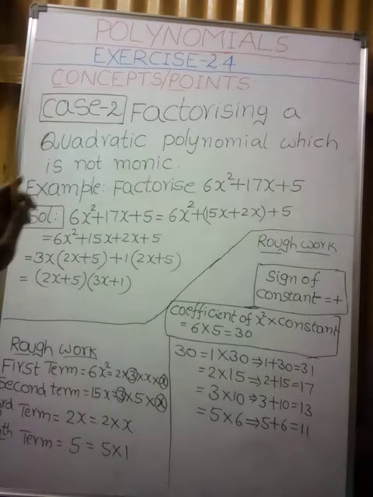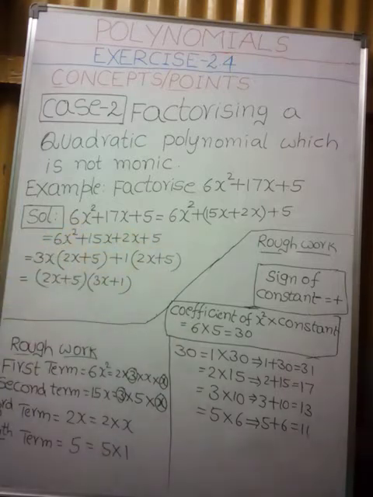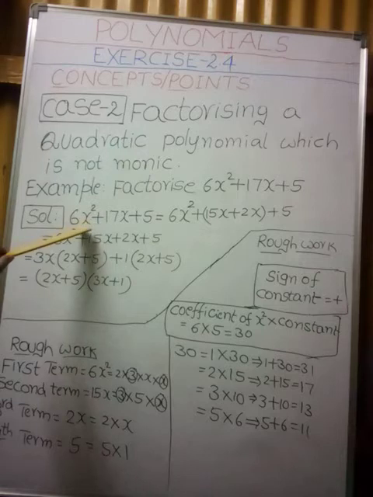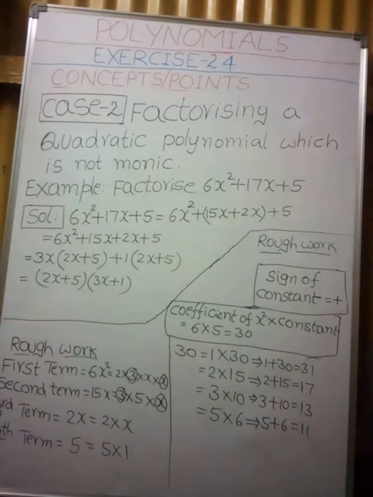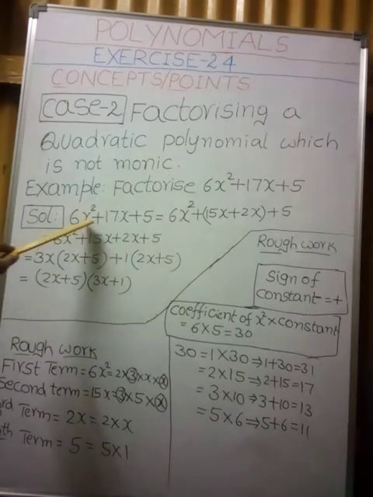Now, in the previous example, we took the constant term directly, but here it is not a monic quadratic polynomial. In this case, we have to find the value of the coefficient of x square into the constant. We have to find the value of this product. Understood, my dear children? What is the coefficient of x square here? 6.